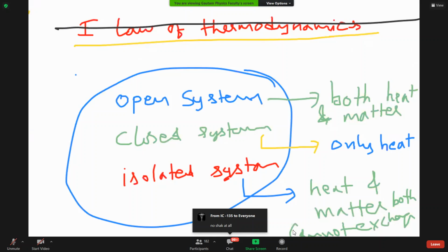An open system means heat and matter both will exchange. Closed system means only heat. Isolated means heat and matter both cannot exchange, like a thermoflask. Generally tea is put in a flask and carried so that the heat will remain constant and the content also will remain constant. Thermoflask is the best example for an isolated system.